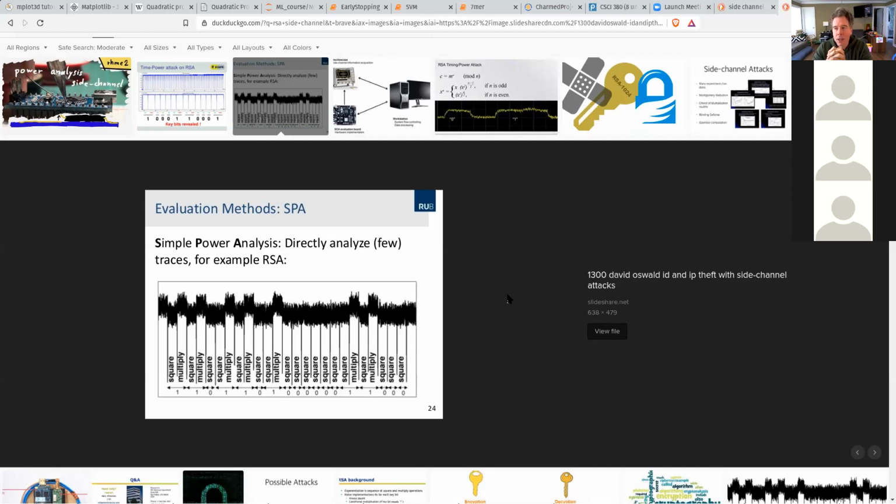There's a square every time, and when there's additionally a multiplication, that bit is 1. If there's just a square, that bit is 0. So you can read off the bits of the secret exponent d from this power graph. If you can see the power consumption of the computer running the private key, then you can learn the private key.